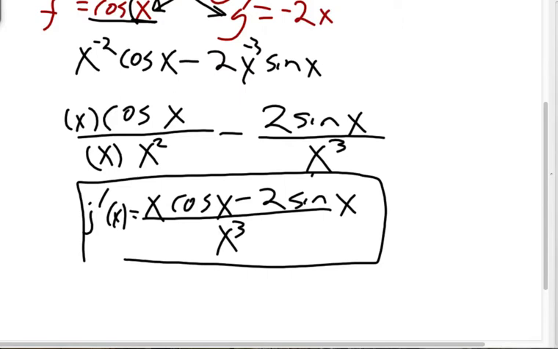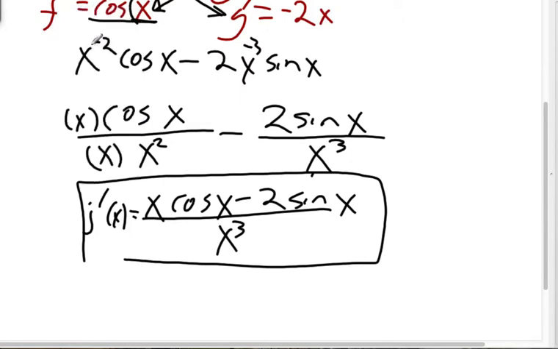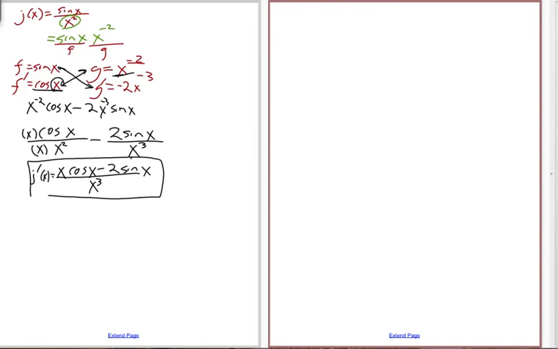Okay, so let's go back in then and take a look at another rule called quotient rule. Since we dealt with product rule, quotient rule is going to deal with things where you're dividing.